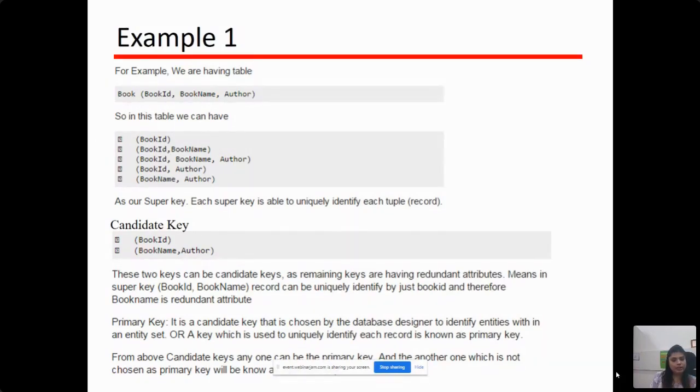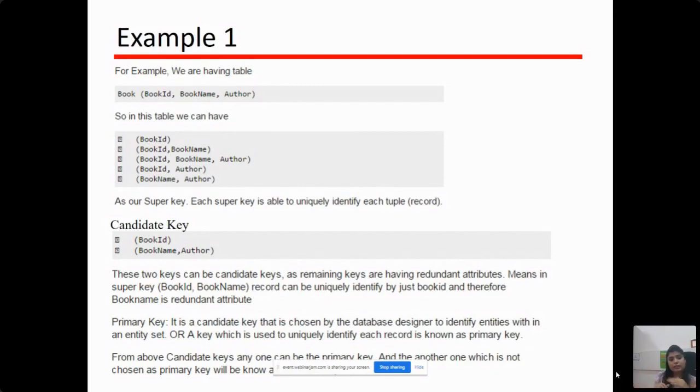So the book ID alone I can choose to identify the complete entity, and another candidate key is book name and author. Because if I select book ID and book name both, then book name doesn't make any sense, because if I have the book ID, I can already find the entry. So book ID alone is enough to find any entry in the table Book.